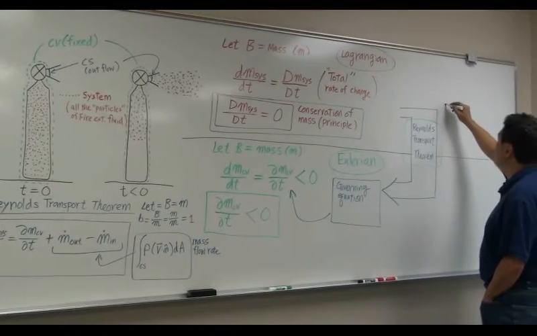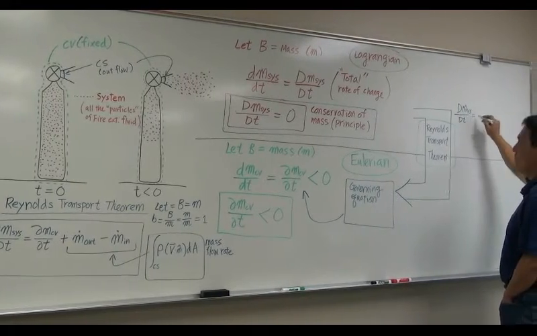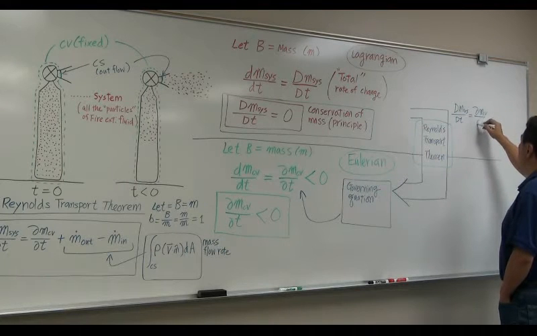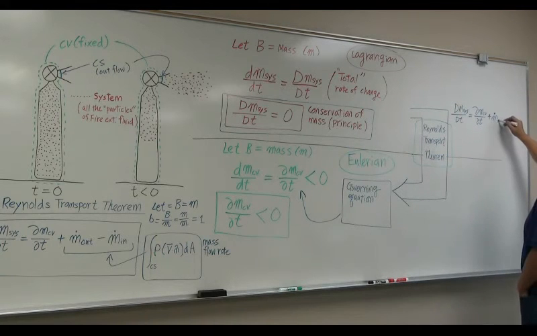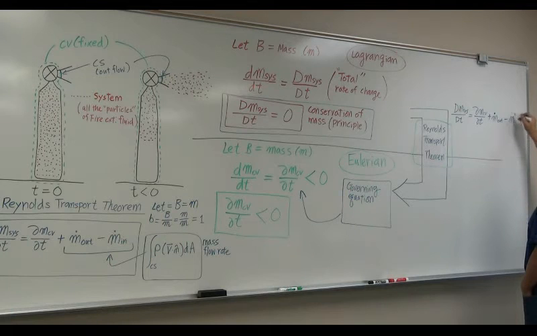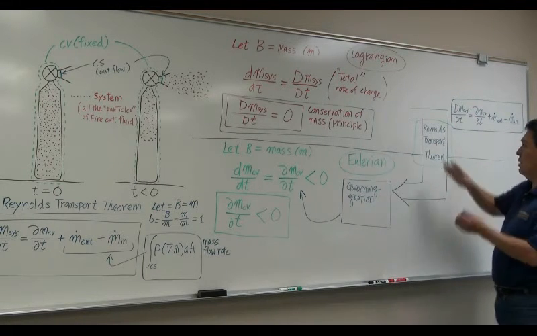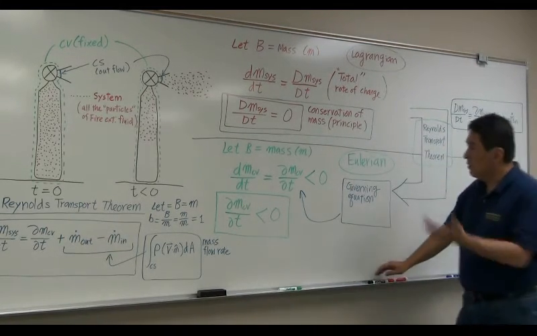Reynolds transport theorem says dm_sys/dt is equal to dm_CV/dt plus m dot out minus m dot in. So this is the Reynolds transport theorem acting like a connector bridge between Lagrangian to Eulerian. Okay, good.